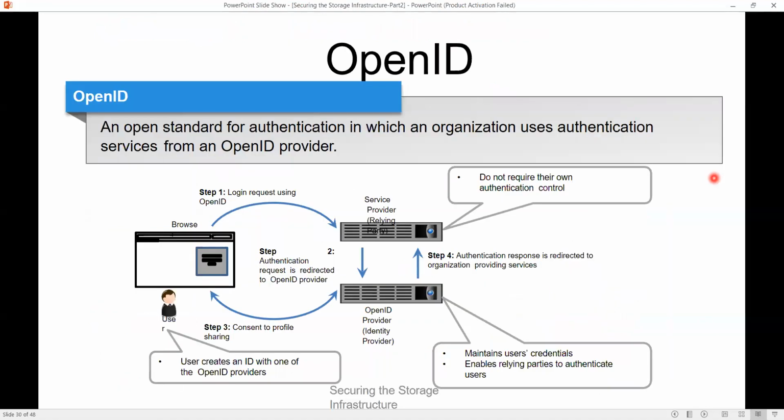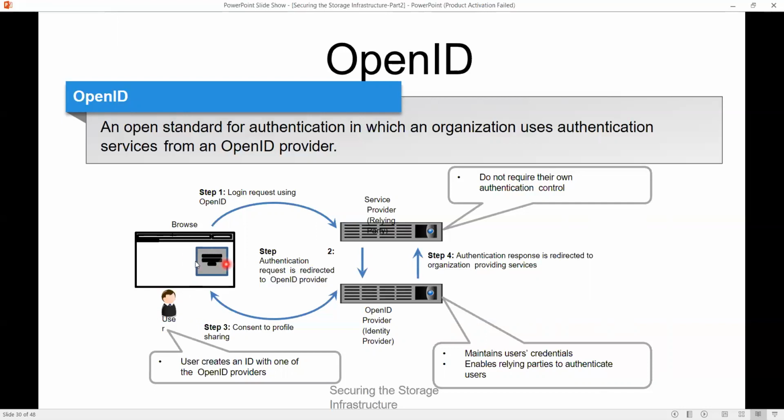Next is OpenID authentication. Now, OpenID is the open standard for authentication in which an organization uses authentication services from an OpenID provider. So any company can rely on a third-party organization for the purpose of authentication, right? Like suppose this user wants to access a particular site.